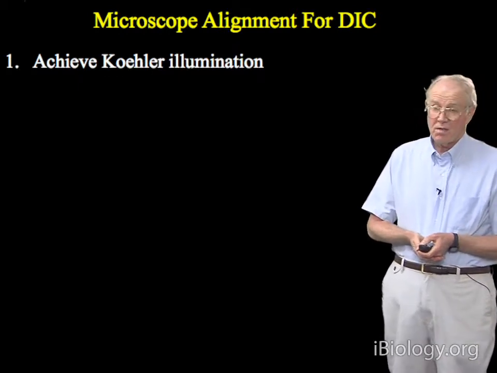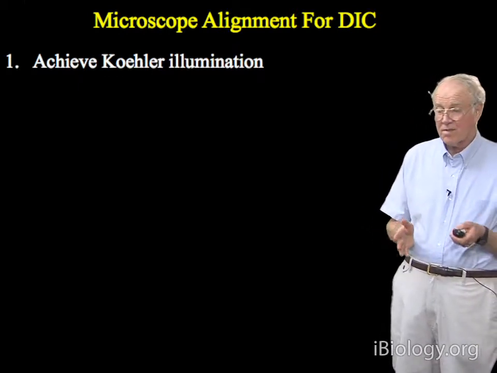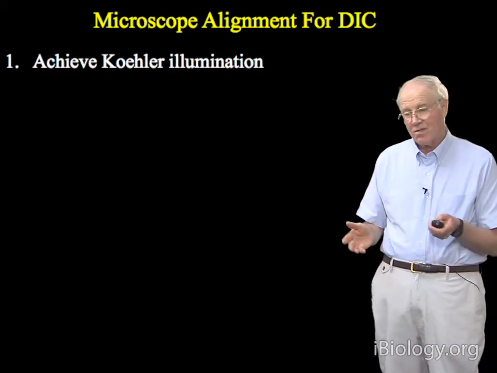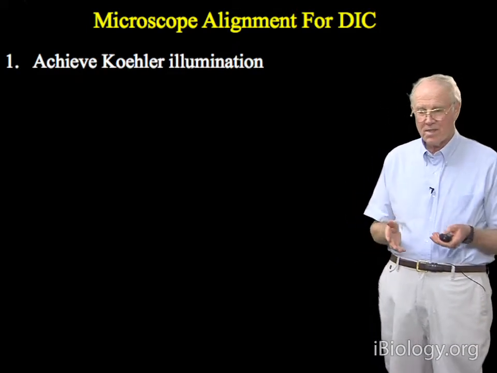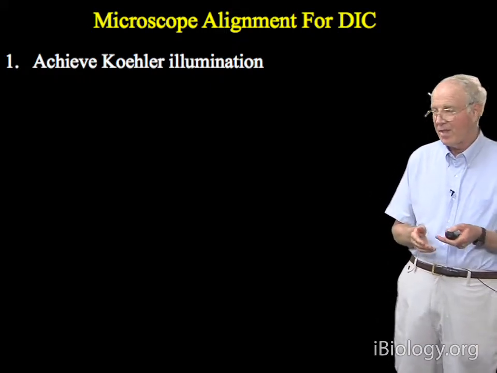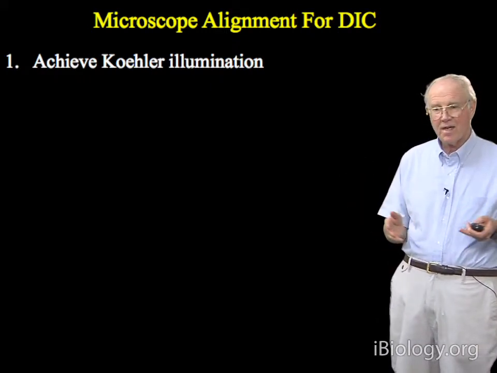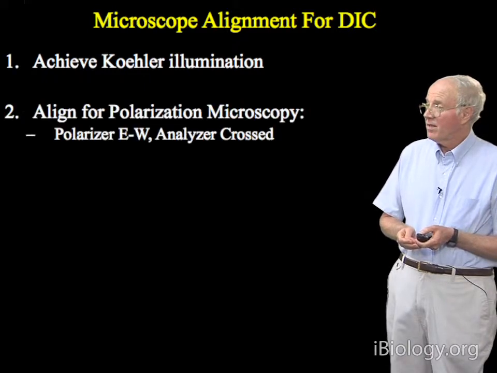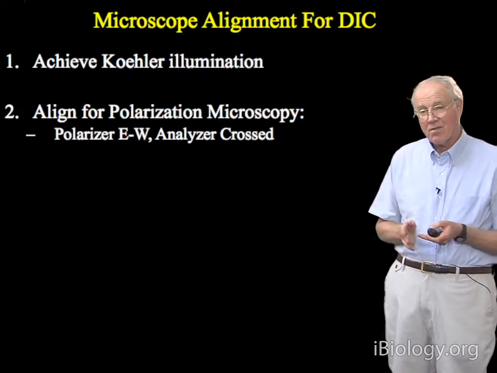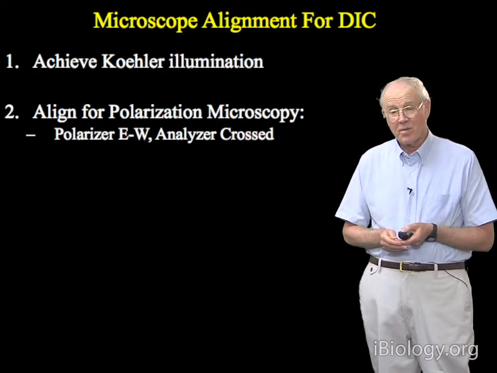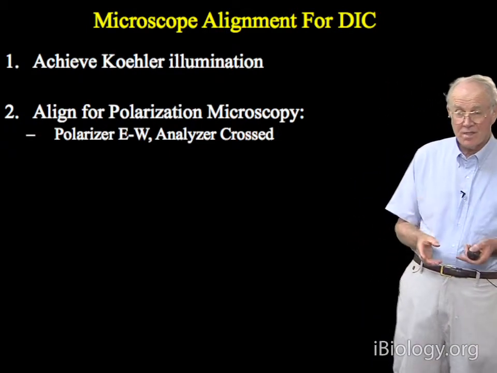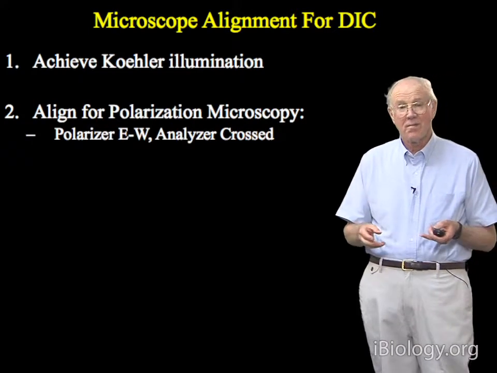To set up the microscope for each objective and condenser situation, you're going to set up for Köhler illumination, and usually you start with the low power objective and the specimen, and then work your way up to the higher power objectives. And second, you're going to also align the microscope for polarization microscopy, which means in the beginning you're going to take out the objectives, the condenser, the DIC prisms.